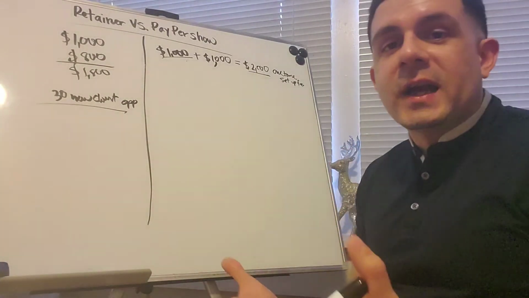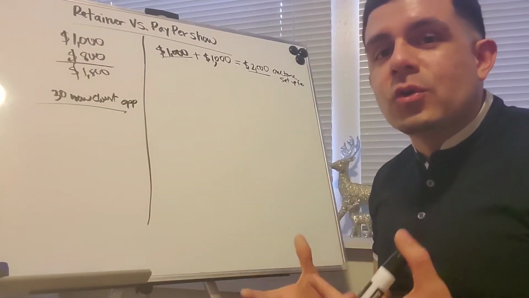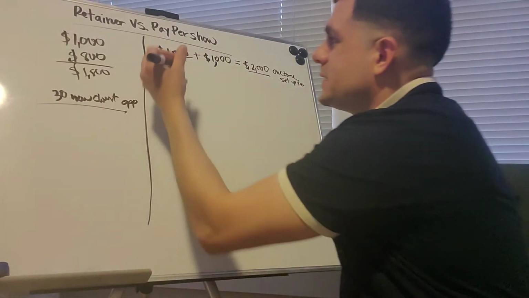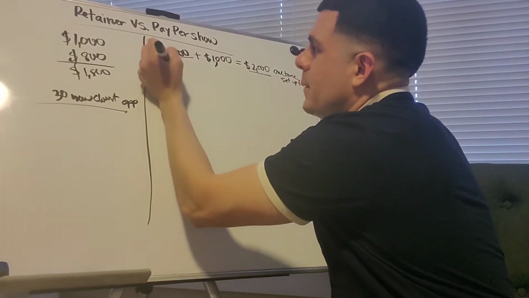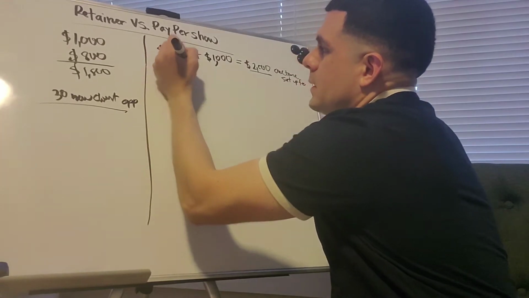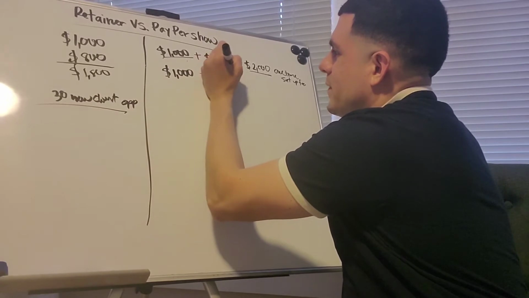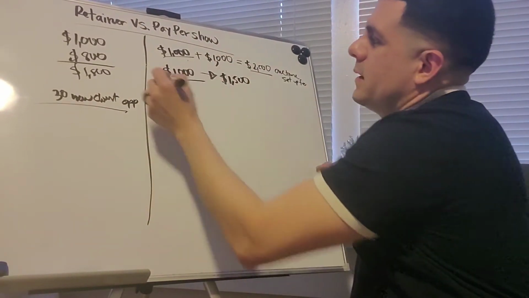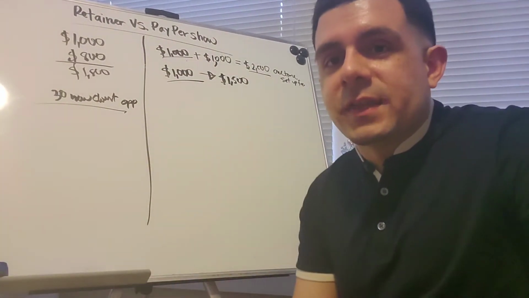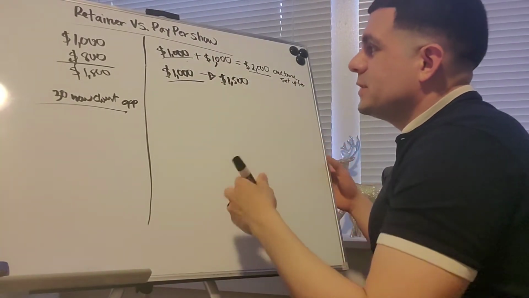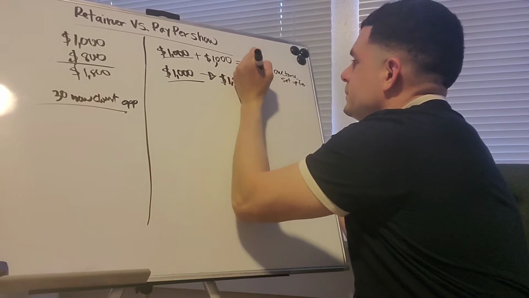So this means you're going to have to charge them a significant amount for ad spend in order for you to make this happen. Let's say that's a minimum of $1,000. Sometimes it could be up to $1,500, if not more, but at a minimum you're probably going to charge them at least $1,000. So let's say it's $1,000 for ad spend.